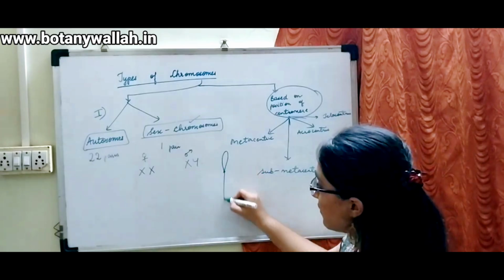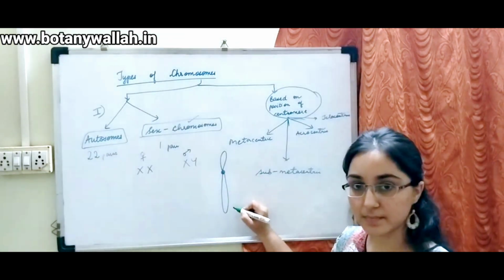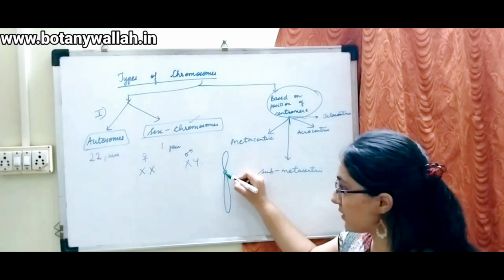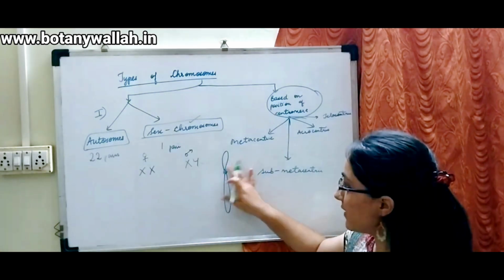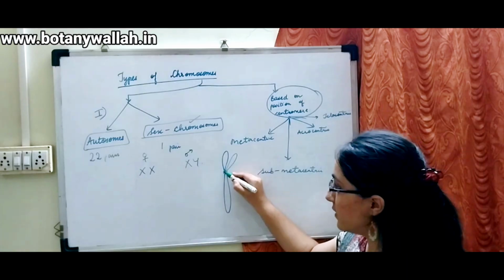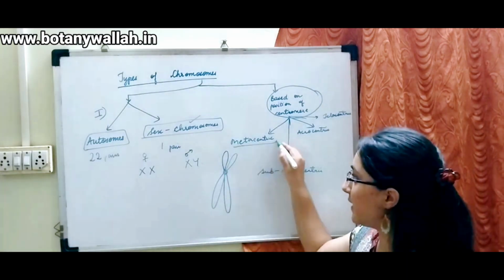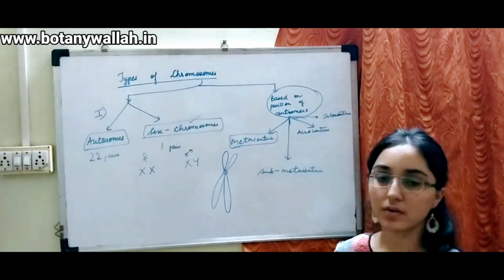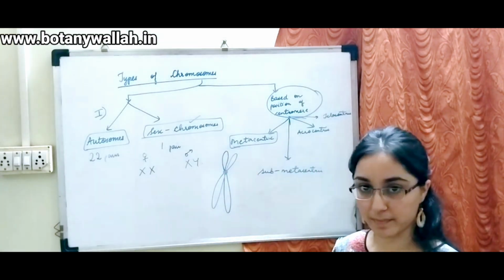Metacentric means the centromere is present at the center. If the centromere is present at the center, then we will say it as metacentric chromosome, because it is present exactly at the center.